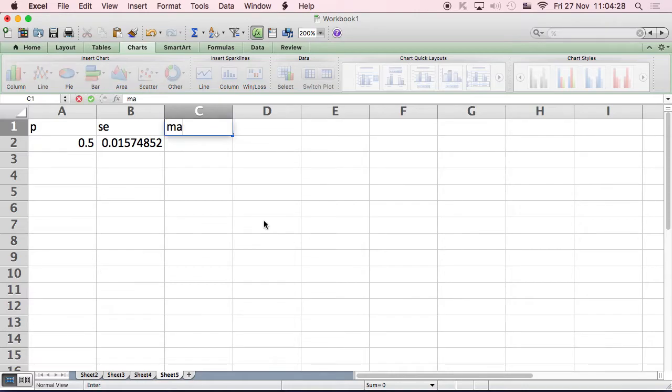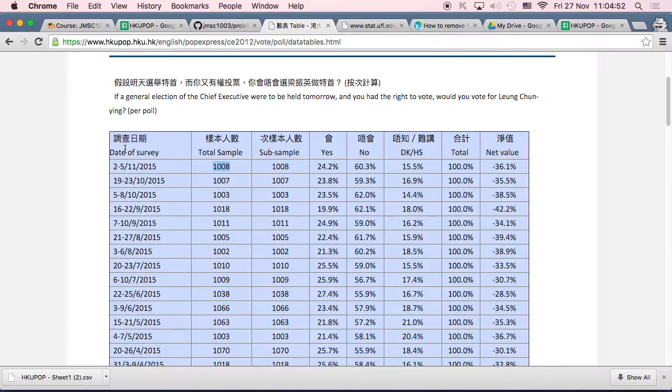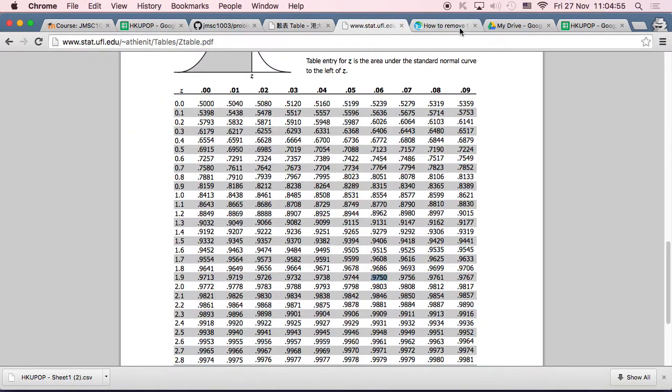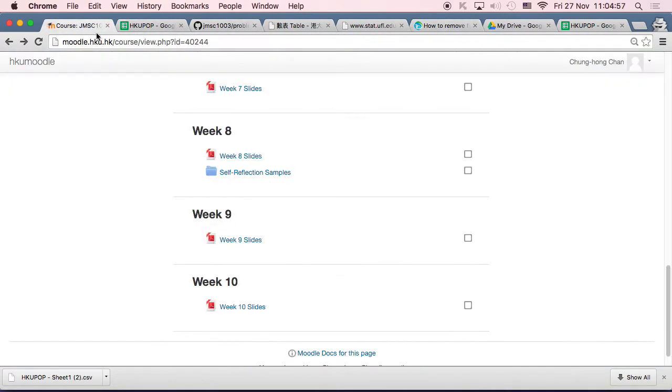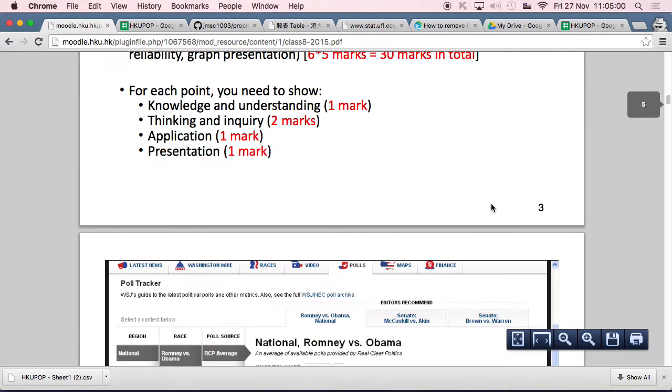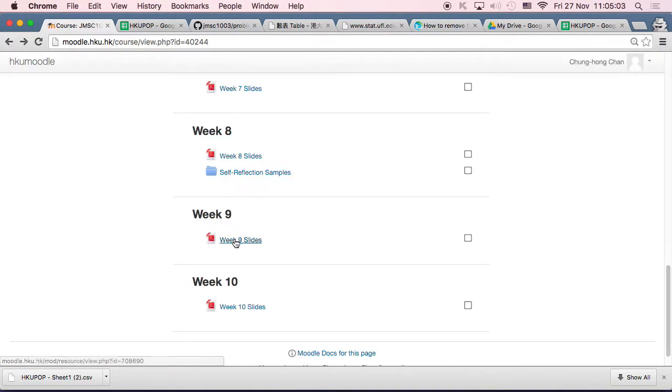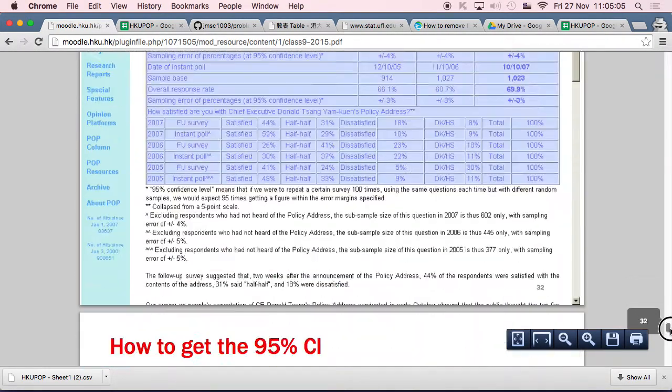And then the margin of error is equal to 1.96 times the standard error, which should be about 3%. You can actually know this without any calculation, because in the lecture slides there is a graph like this.